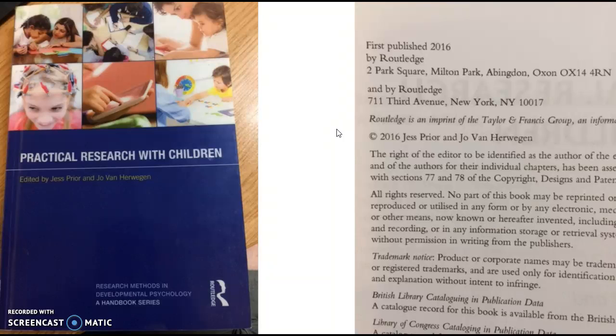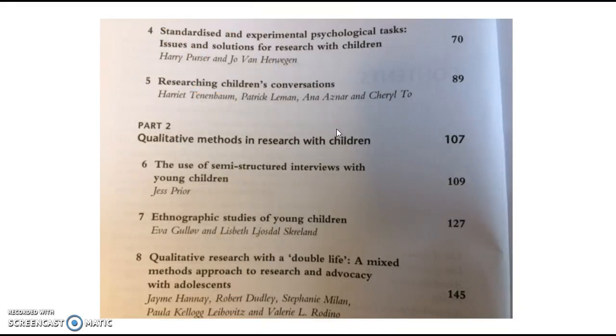Okay, but let's see what makes this book an edited book, because so far it looks like just any other regular book. So if you go to the content page, the table of contents, you will see that each and every chapter was written by different authors.